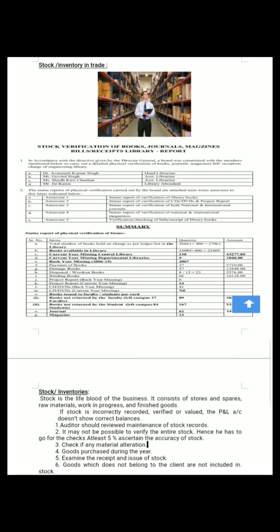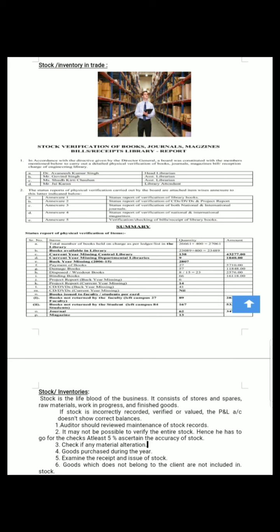These are goods purchased during the year which are ready to sell, kept in the warehouse for the purpose of sale to customers. For example, this year a business purchases some quantity of goods and keeps it in the warehouse. That particular quantity has to be verified and included in the stock for the present accounting year.